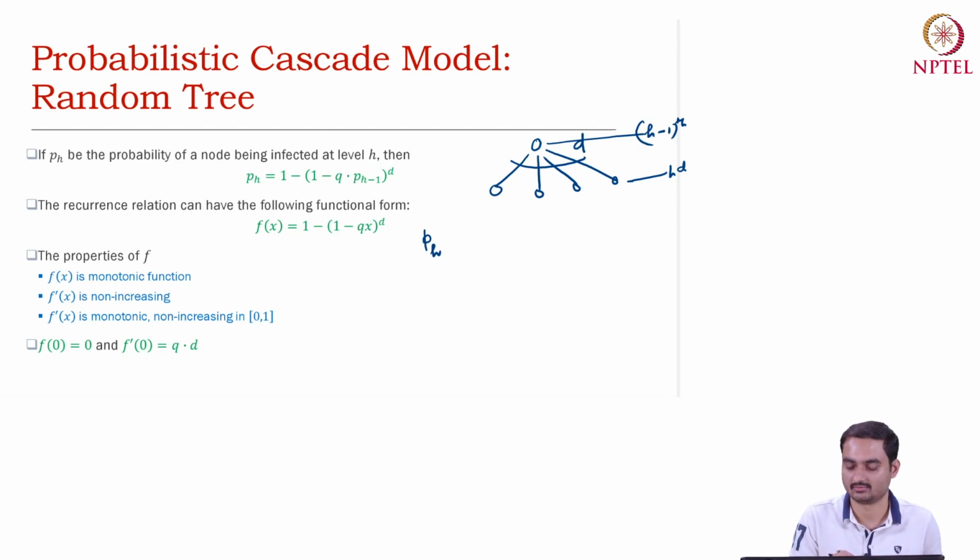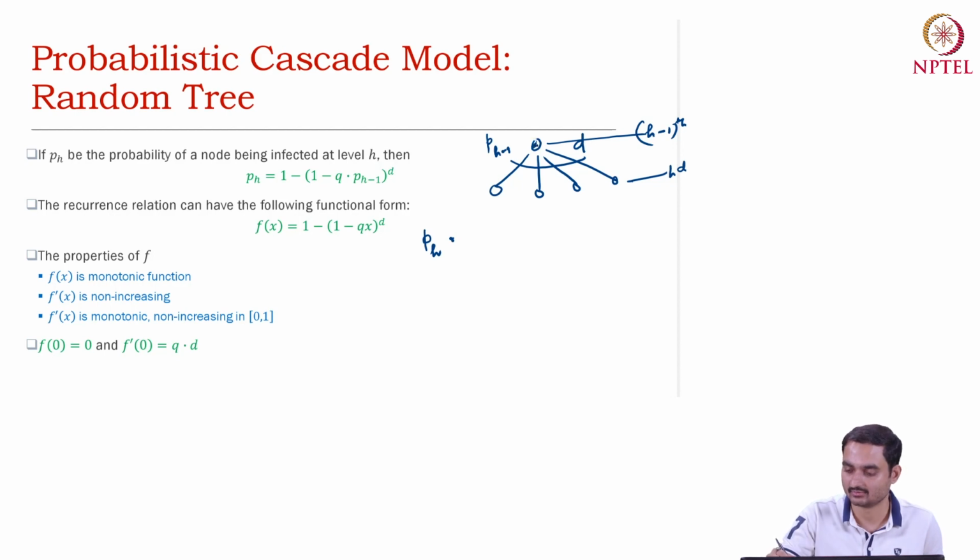How do you calculate it? What is p_{h-1}? p_{h-1} is the probability that at least one node is infected at depth h minus 1.